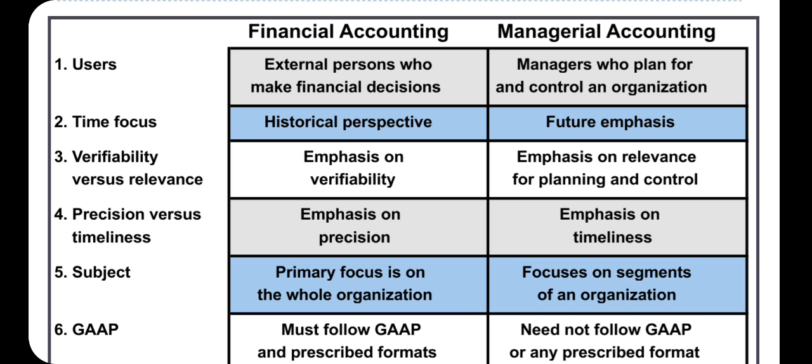In management accounting, the user of the management accounting output is the manager. The manager wants information quickly because they have to make business decisions very quickly. So that's why in management accounting the focus is on timeliness. You have to do things quickly.